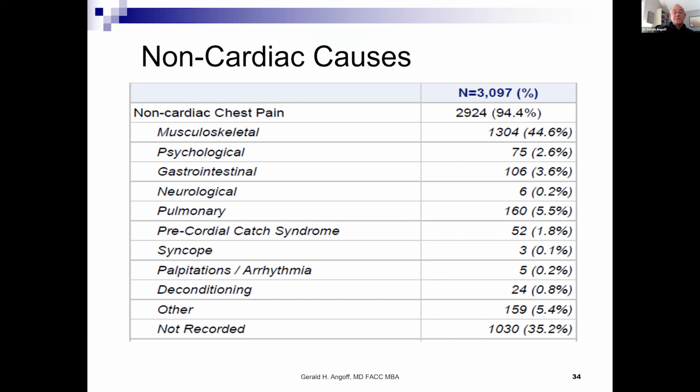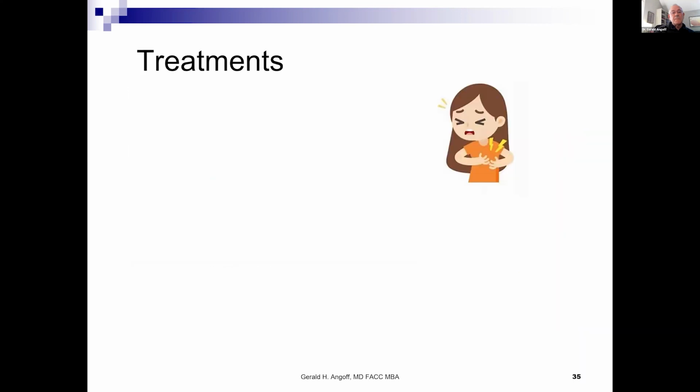Again, musculoskeletal, gastrointestinal, pulmonary, specifically history of asthma was common, and psychological issues, anxiety, other factors under that banner.